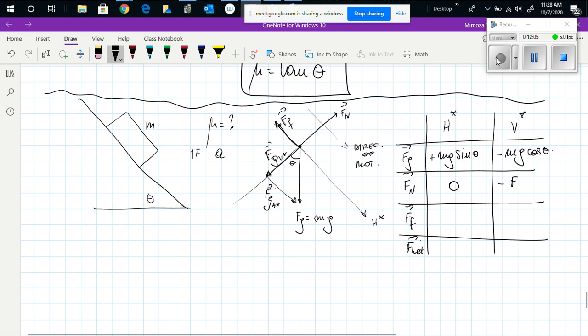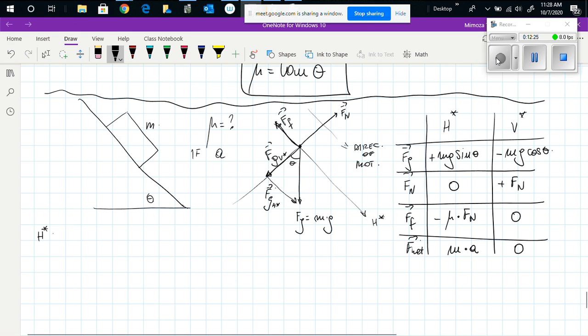Force normal is 0 and positive Fn. Friction is negative mu times Fn, and 0. And the net force on the horizontal, since we have an acceleration, will be mass times acceleration, and 0.